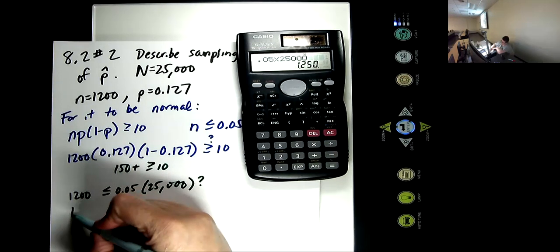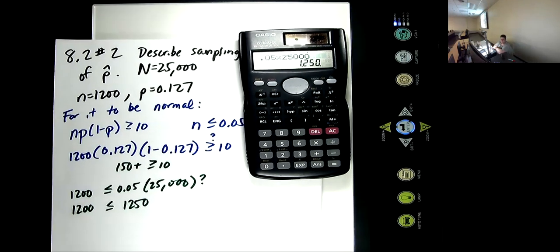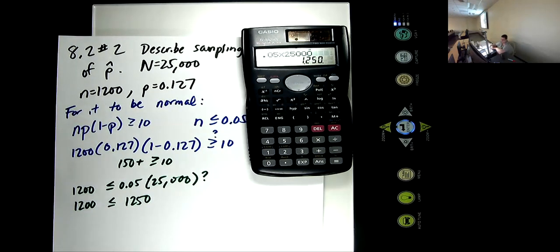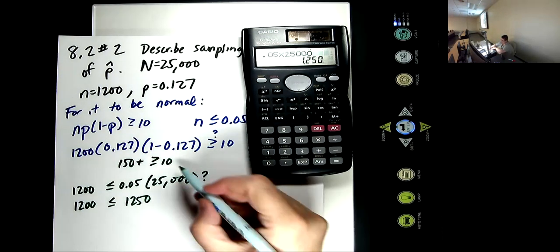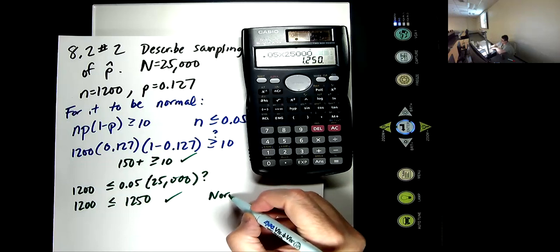And I get 1,250. 1,200 is less than 1,250. So we met both criteria. So it has a normal distribution.